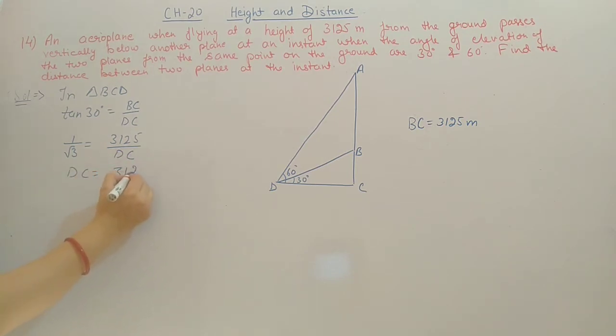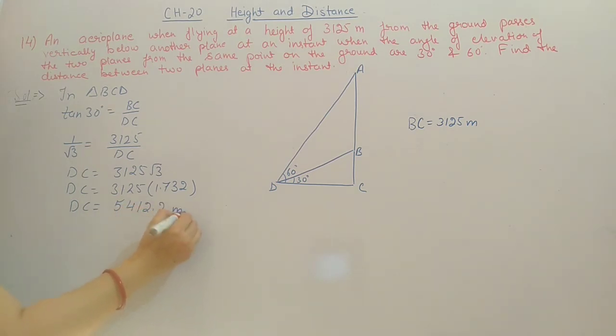So 3125 root 3. Substitute the value of root 3, 1.732. Multiply and calculate your answer. It will be 5412.2 meter. Now we will go for the next triangle.